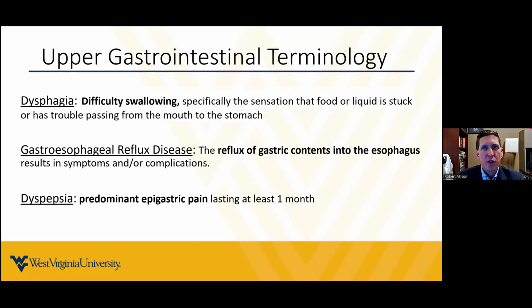So first is dysphagia. And dysphagia is this difficulty swallowing. Specifically, it's that sensation of food or liquid getting stuck or having trouble passing from the mouth to the stomach.